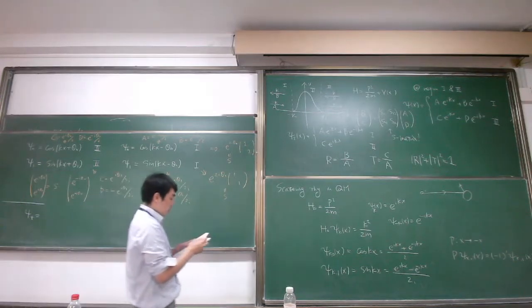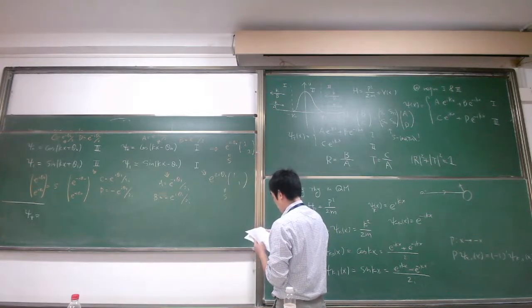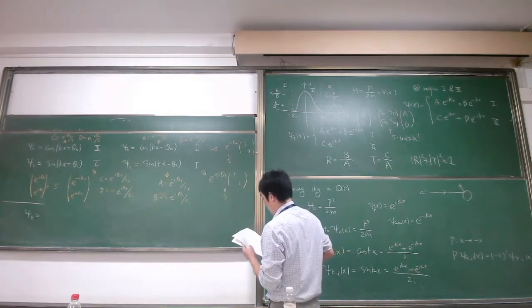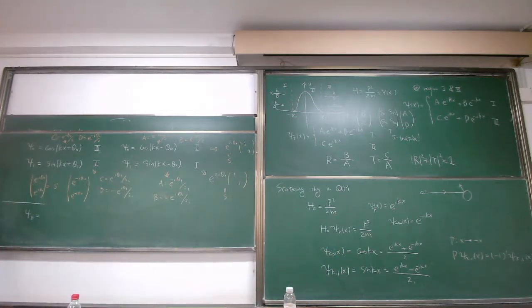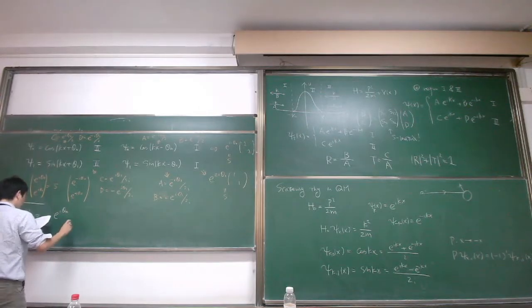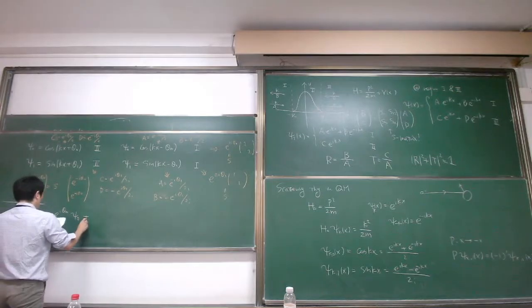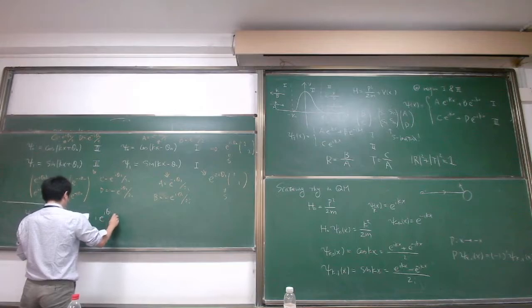So a linear combination given parity, let's see. We take psi plus e to the I theta naught psi naught, I times e to the I theta 1 psi 1.